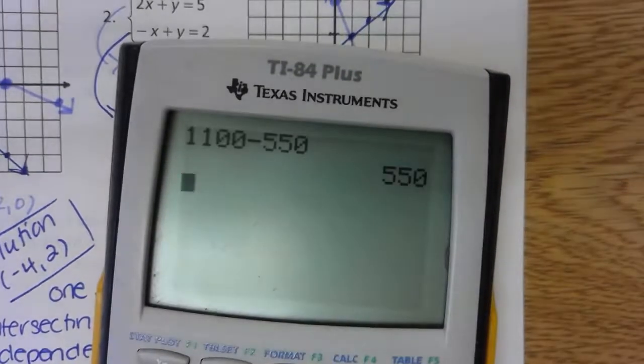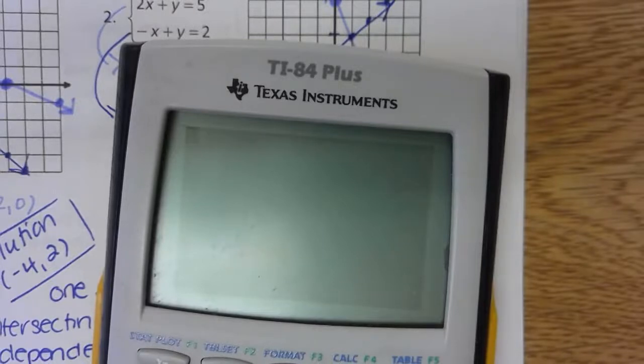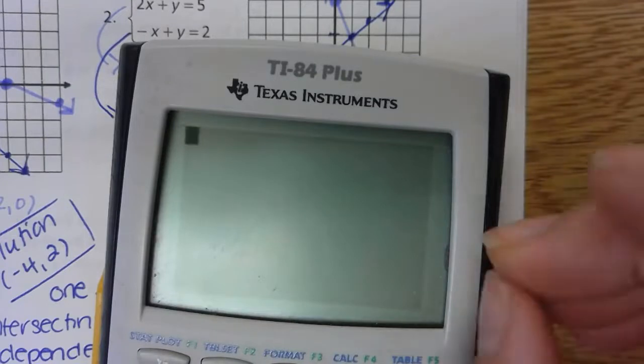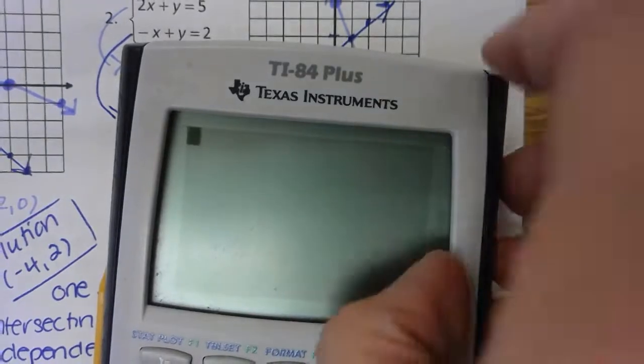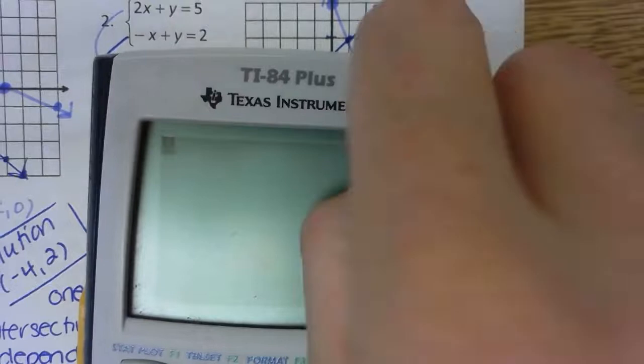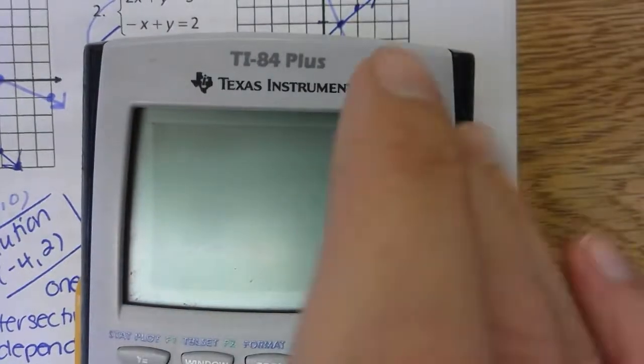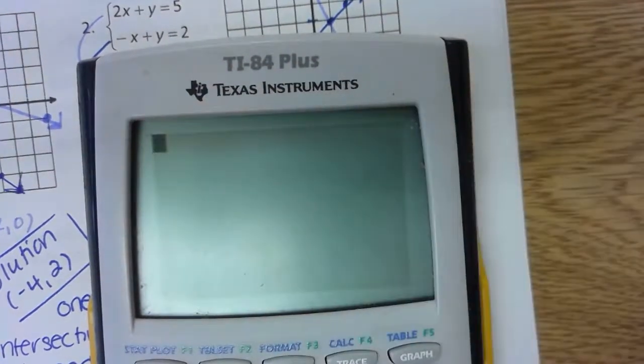We're going to turn them on. How do you know if it's independent or not? That's our definitions for solutions. So independent are intersecting. Coinciding are dependent because it depends on the other line. And parallel are inconsistent because they have no solutions and never intersect.